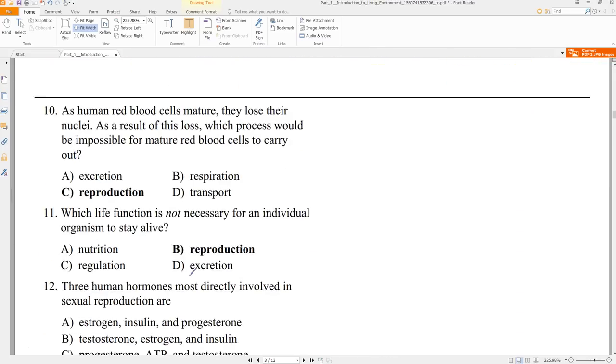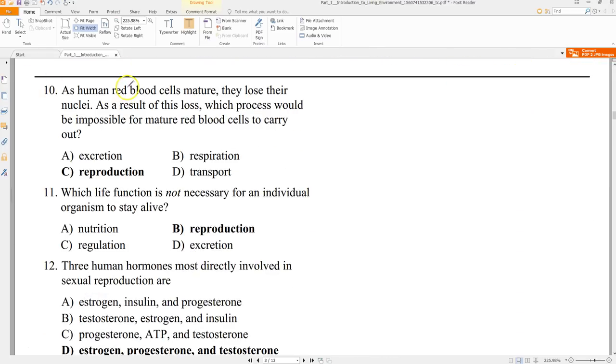Very good, guys. Number 10. As human red blood cells mature, they lose their nuclei. As a result of this loss, which process would be impossible for mature red blood cells to carry out? Remember that these questions pertain to understanding how life goes.